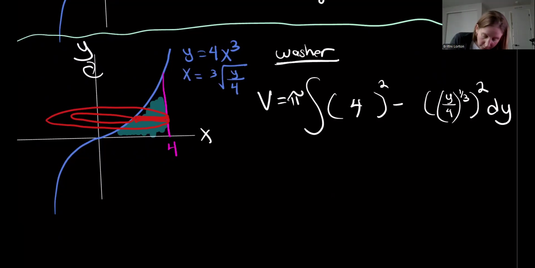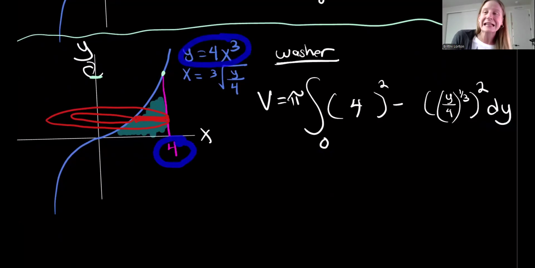Okay, and then my bounds would be from 0 to something. How do I find that something? The bounds are from the shaded region, and because I'm doing a dy, the smallest y value of that shaded region was 0. The highest y value is going to take a little bit of work, but it's actually quite simple. In this case, y equals 4x cubed and x equals 4.